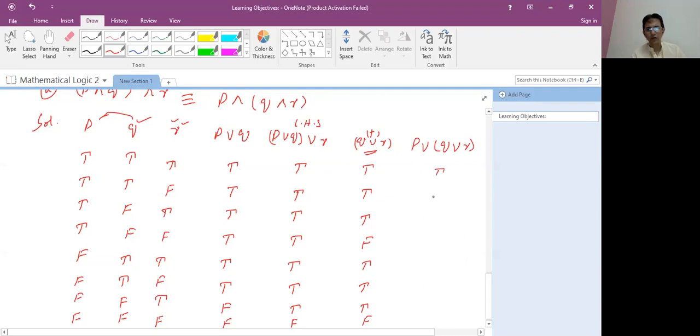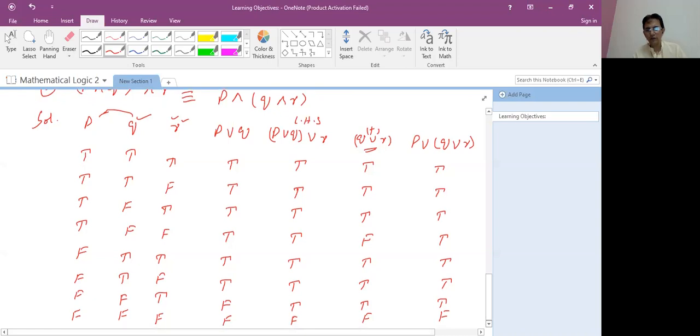So it is true, true, true, true, true, true, true, or false, because both are false. It means 0 plus 0 is 0. You can see easily, student, this is the right hand side.